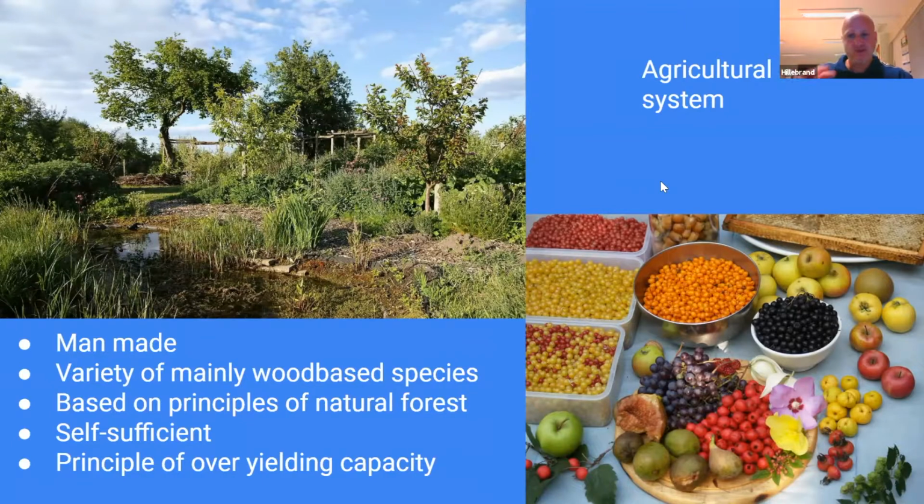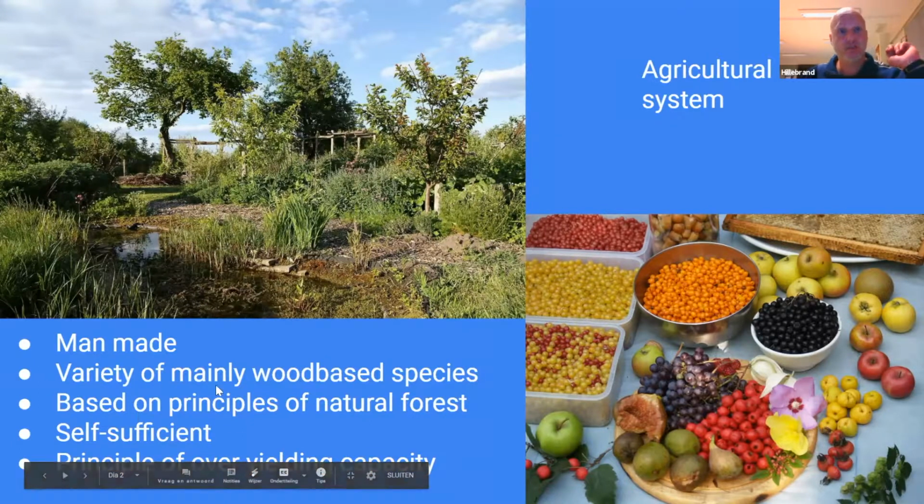We try to copy the principles of an old forest, and a food forest is quite a young forest, and it's man-made. You put all kinds of plants together, plants from the Netherlands and plants from abroad. It is a big variety of mainly wood-based species. As I said, it's based on the principle of a natural forest.